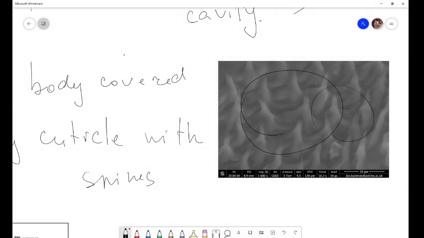This is a micro photo of the skin of these worms, and this is a cuticle. And this cuticle has a lot of spines, and it helps this organism to fix inside our bodies, for example.